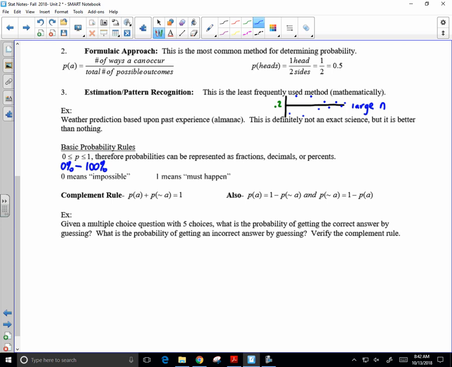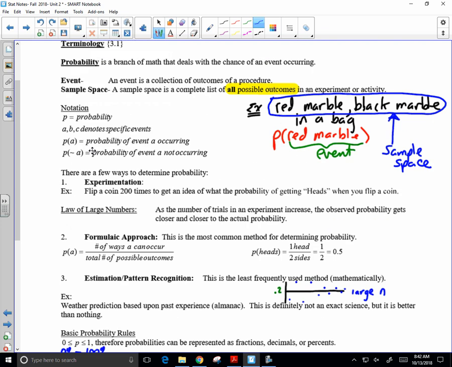All right, complement rule. So the notation strikes again. P of A plus P of not A equals 1. Okay, well, let's go back and take a look at what that means. P of A means the probability of event A occurring. P of that symbol means not.